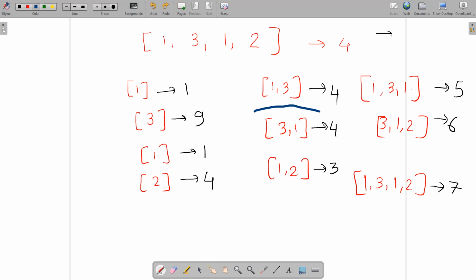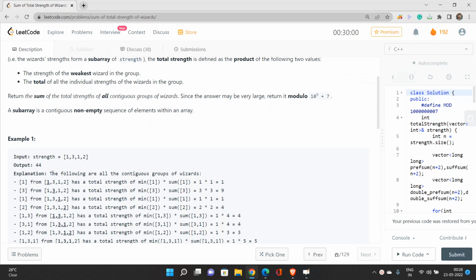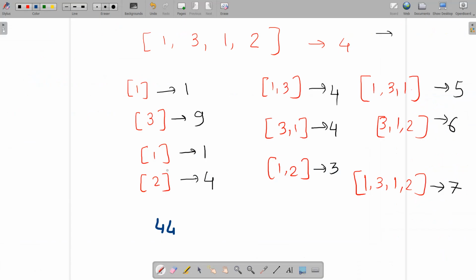Similarly, for this one, the minimum element is 1 and the sum is 4, so the strength is 4. If you sum up all those values for every subarray, you get 44 as our answer, and this matches the desired output.